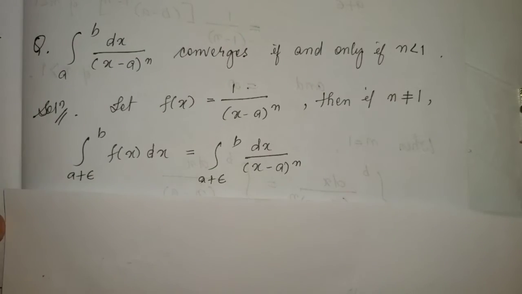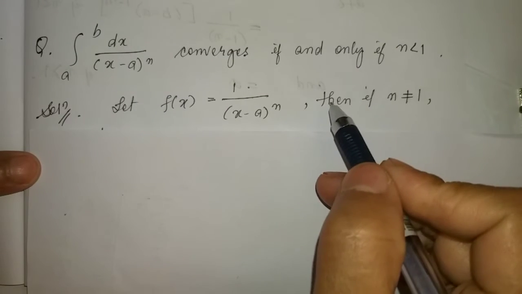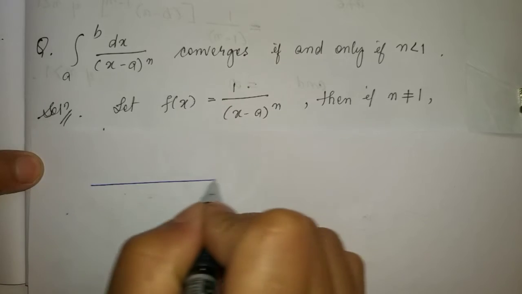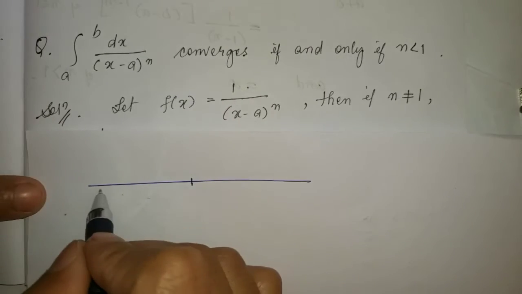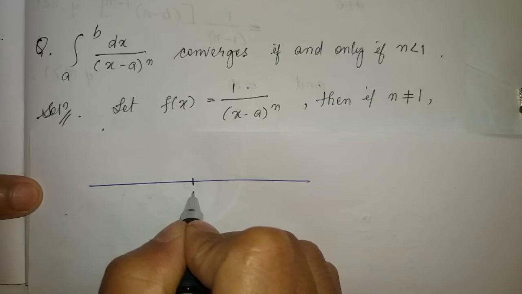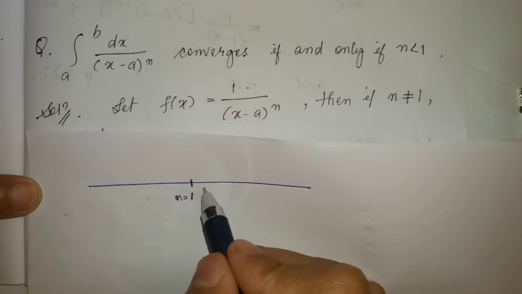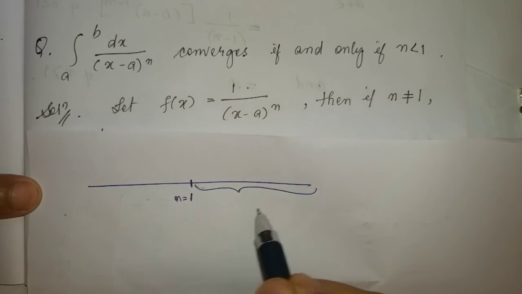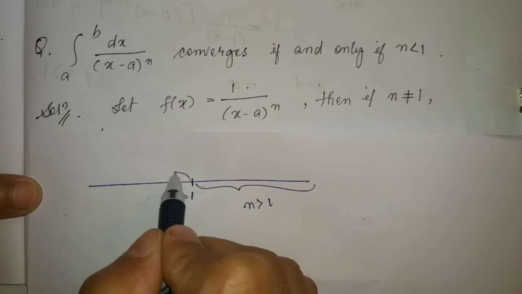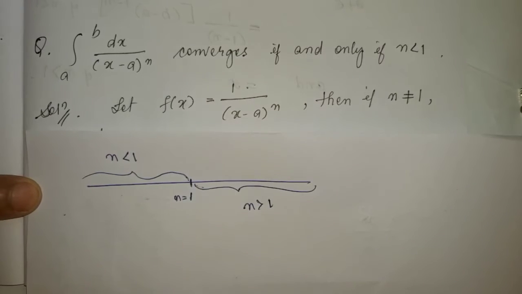For testing convergence, I'm going to test at all different values of n. Suppose here n is equal to 1. So here it will be n greater than 1, and from here n is less than 1.